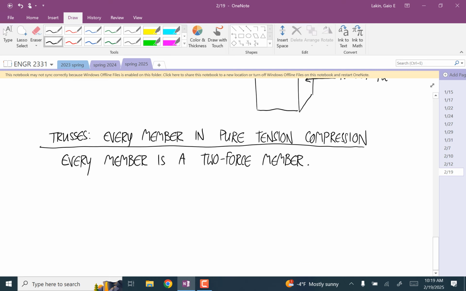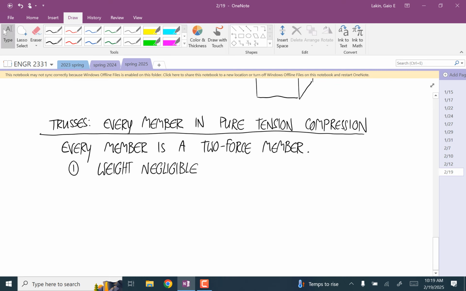And that requires two things. The first one is the weight has to be neglected. So if weight makes up an important part of what's going on in a structure, you can't treat it as a truss. And the second one is that all loads have to happen at the joints.